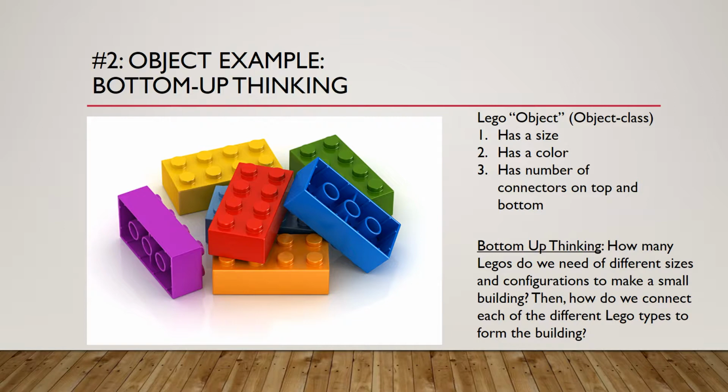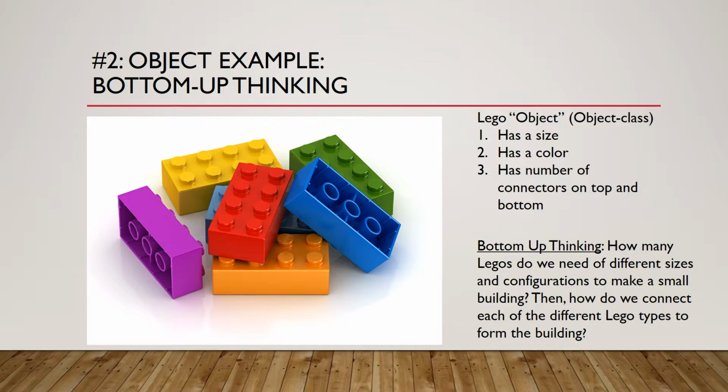An object has a number of connectors on the top and the bottom, and they are all the same type of connectors on these objects. So we're defining an object class here with this example Lego. It's bottom-up thinking. How many Legos do we need of different sizes and configurations to make a small building?